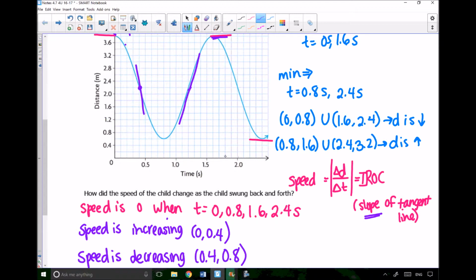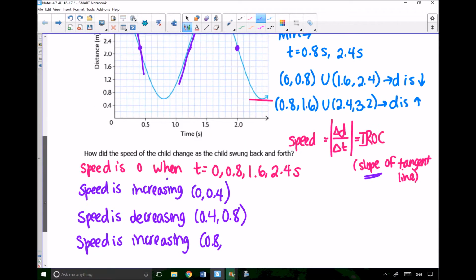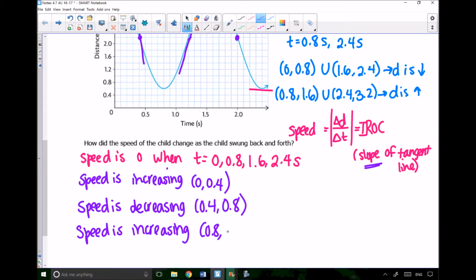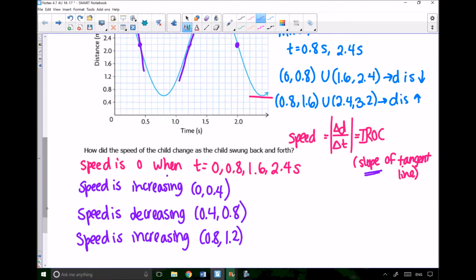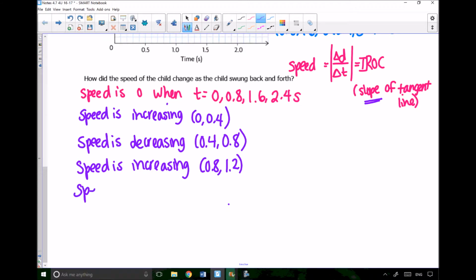And the same is true when I hit 2 seconds right here, okay? So based on that, we can say the speed is increasing from 0.8 until 1.2. Then the speed starts to decrease because it's reaching its maximum right here. So the speed is decreasing from 1.2 until 1.6.